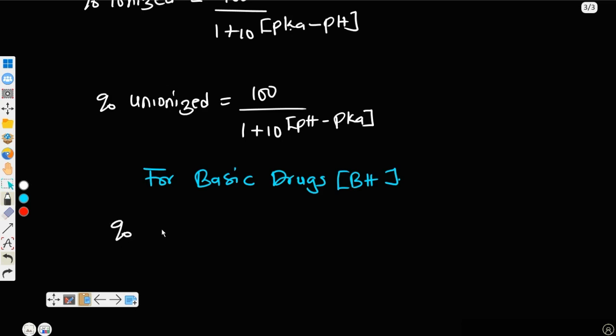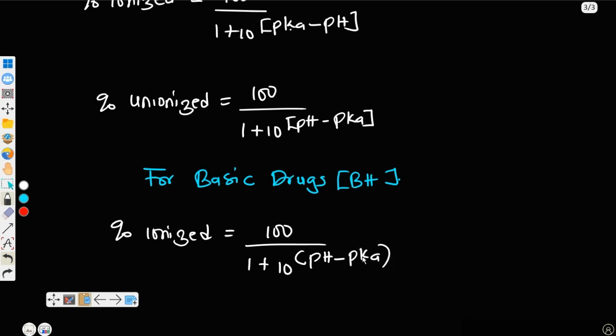Percentage ionized now, for this one, will be equal to 100 divided by 1 plus 10 to the antilog. The first thing that will come up now will be pH minus pKa. So it's just like the opposite of those of the acid. For those of the acid, percentage ionized, we say pKa minus pH. Those of base, percentage ionized is pH minus pKa.